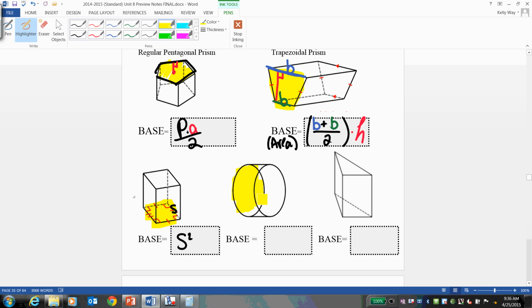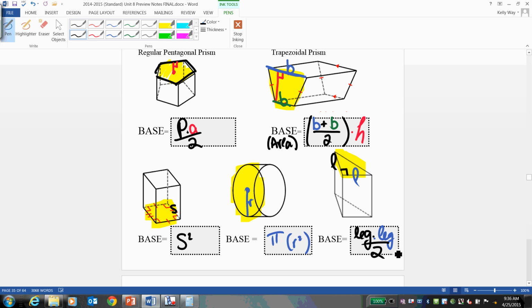The base area of a circle, of course, is pi r squared. And the base area of a right triangle, if you were to have a right triangle base, is going to be leg times leg over 2.